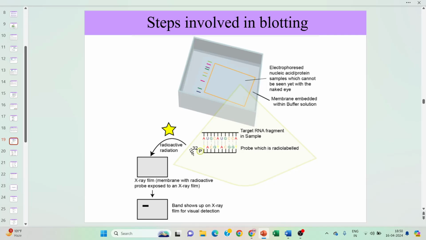This is your probe. Probe is either radio labeled. See here, it is labeled with P32 isotope, and on X-ray film you can see the small black dot, which is the presence of this particular protein of interest or DNA of interest. In this case, it is RNA of interest, right? Because you can see U here, right? Specific RNA of interest is C.